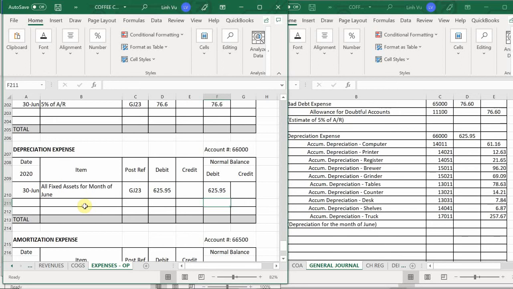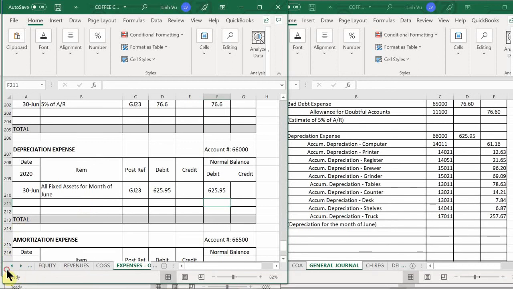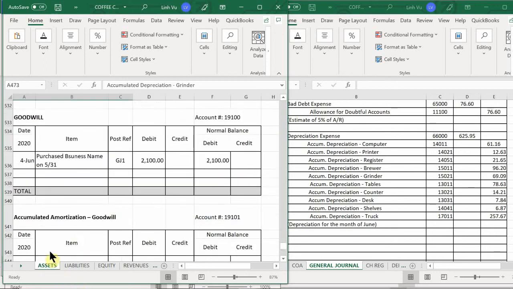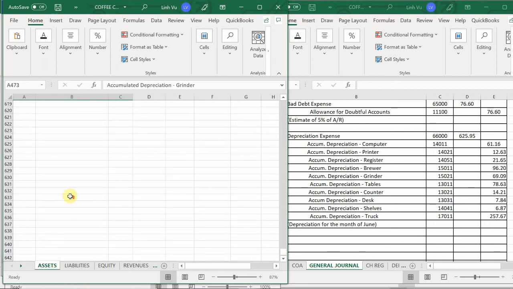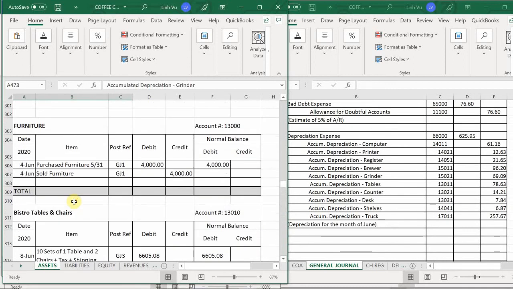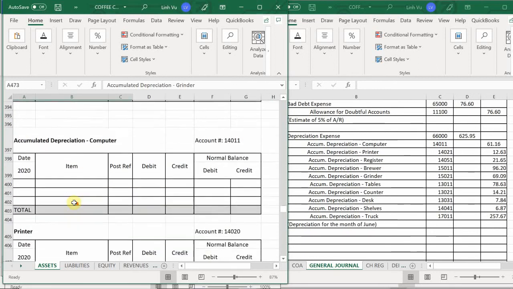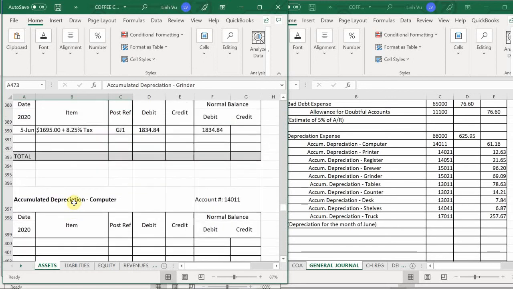So now we have accumulated depreciation for all of them. Asset. And you have the shelves, computer.